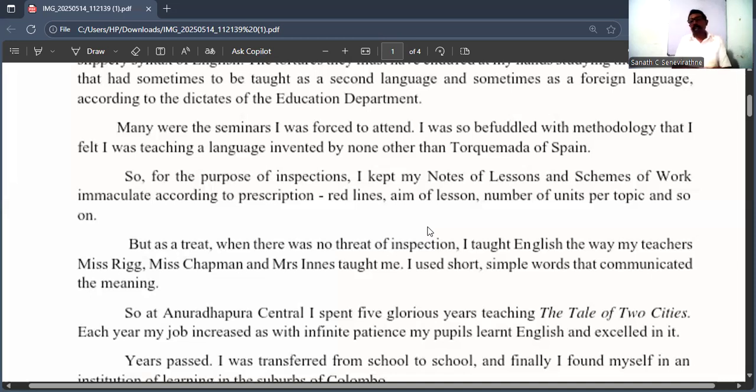Now this is a critical point. She criticizes education department and its process of teaching English.